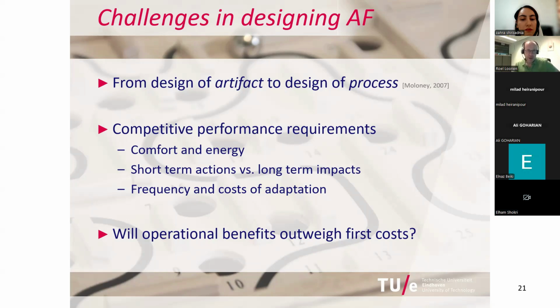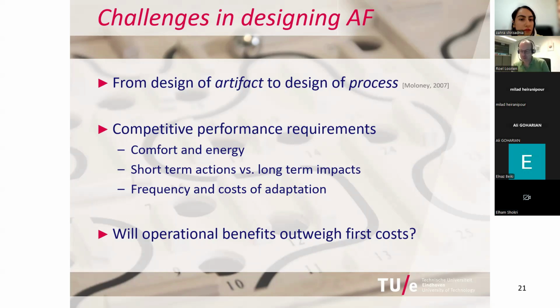Then there can be some competing requirements regarding thermal comfort, visual comfort, and energy, and we need to address them at the same time, again, in this dynamic fashion. It's about short-term actions versus long-term impacts and how to handle them.